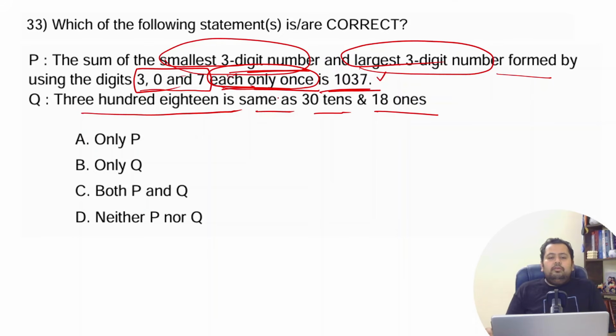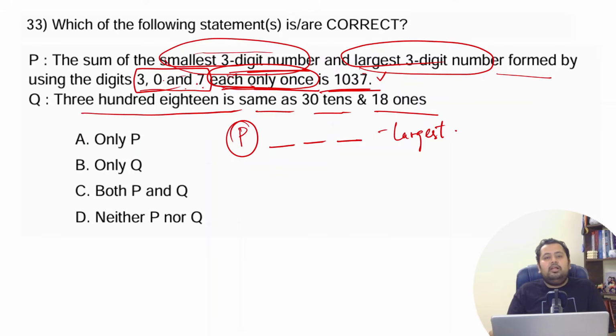Great. So first, let's try and solve P. What is the largest three-digit number that can be formed with 3, 0, and 7? You're now finding the largest number, so to do that, out of 3, 0, and 7, what is the largest number?